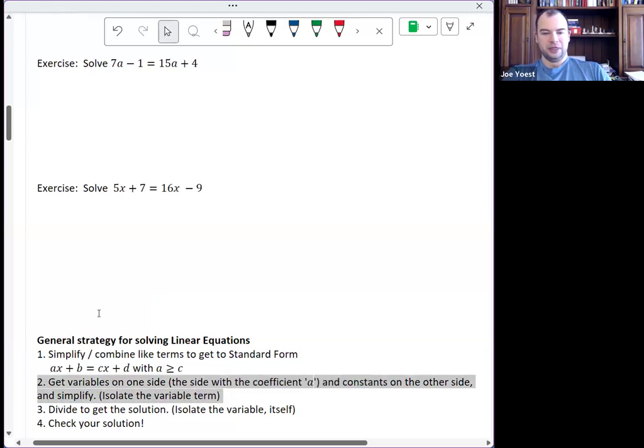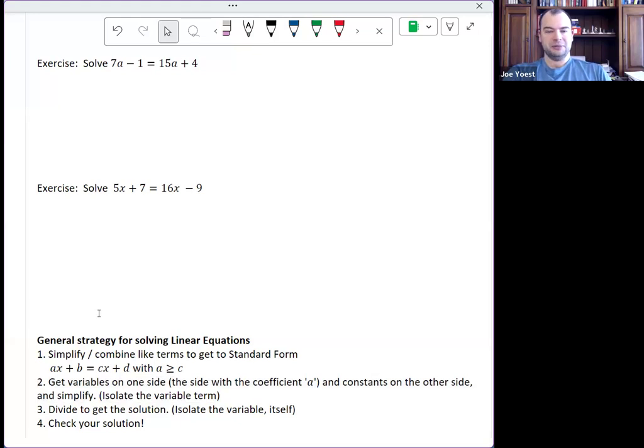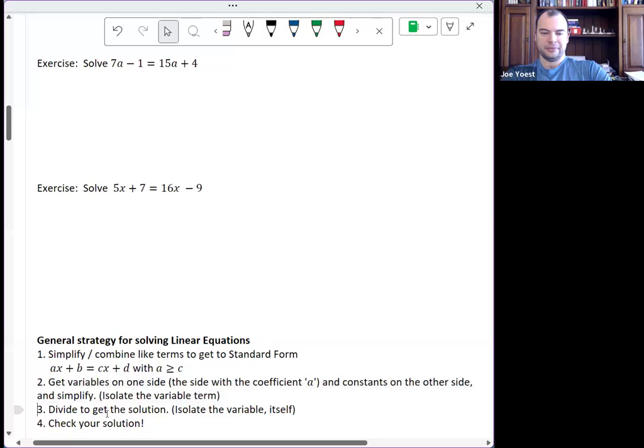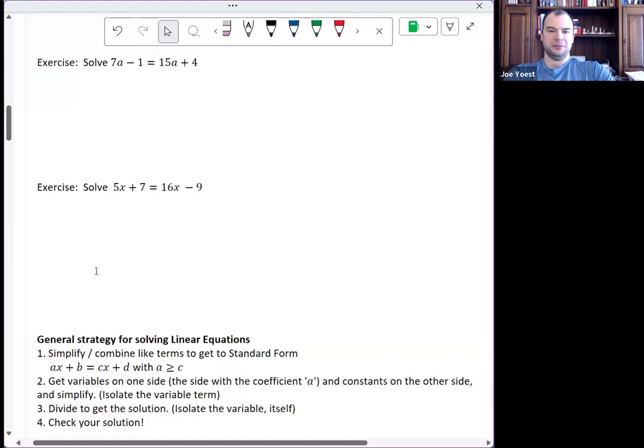We get the variable terms on one side and the constants on the other side and simplify. So we combine variable terms, then isolate the variable term. We divide by the coefficient to get the solution. We isolate the variable itself, and then we check the solution.